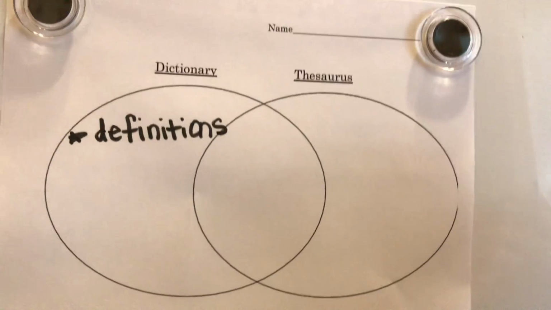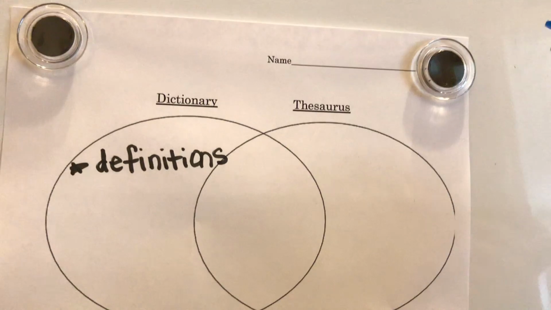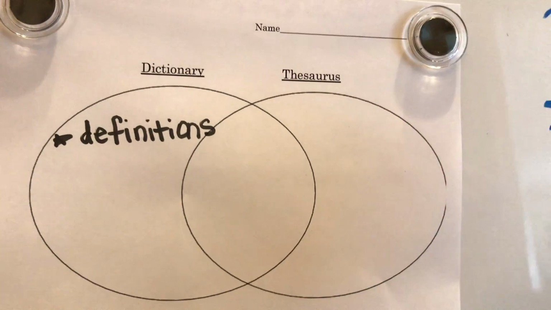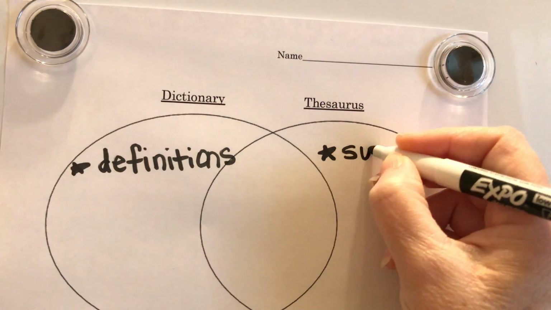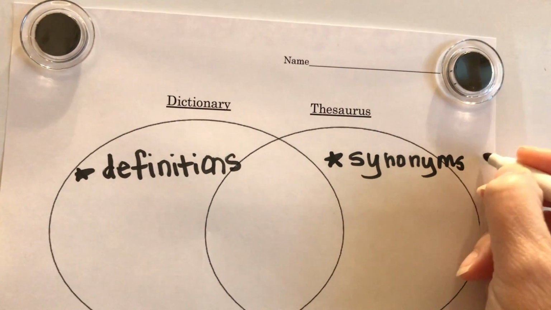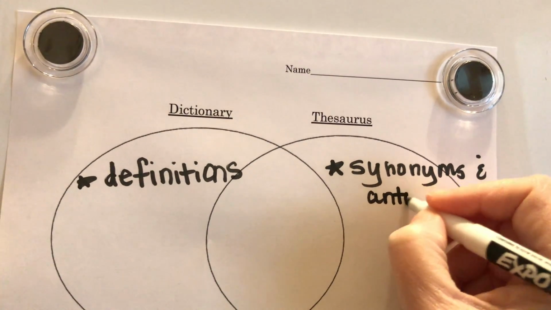And what was the main thing that they said you could look in a thesaurus for? Well, they said we could look in a thesaurus for synonyms, and I don't know if this was mentioned, antonyms.